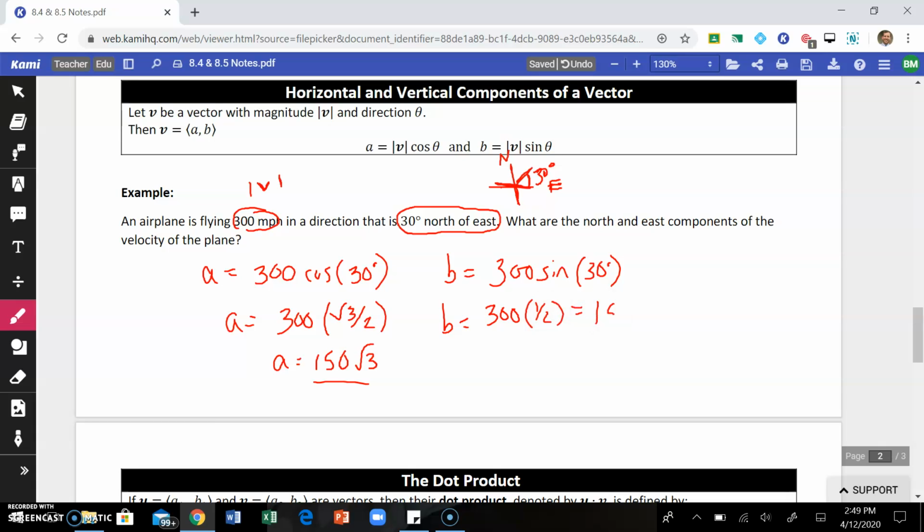So that's going to give us 150. So the component form of this velocity vector of this airplane would be that 150 root 3 is its horizontal speed, and the vertical or the north speed here is 150. Again, feel free to give me the decimal equivalent to that 150 root 3, and that may make more sense.